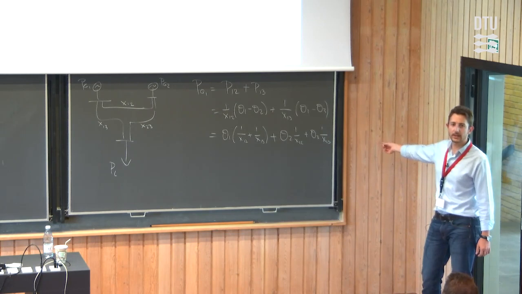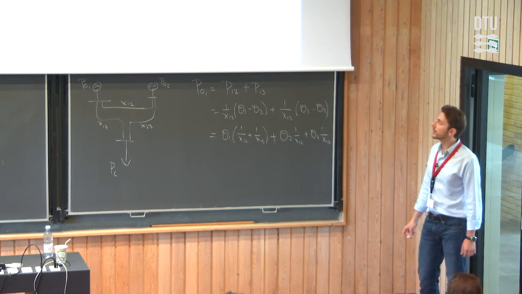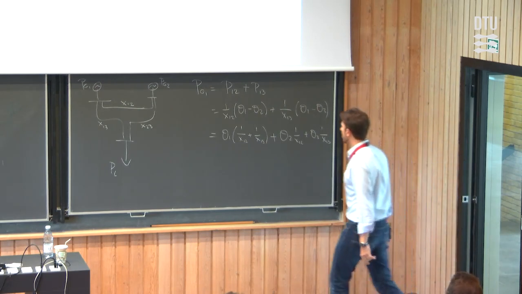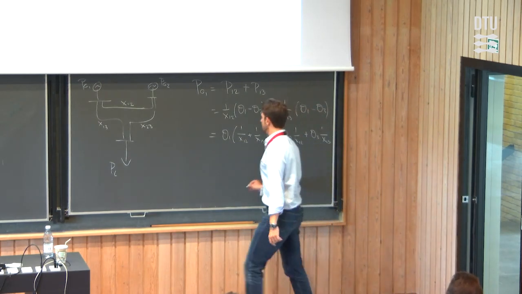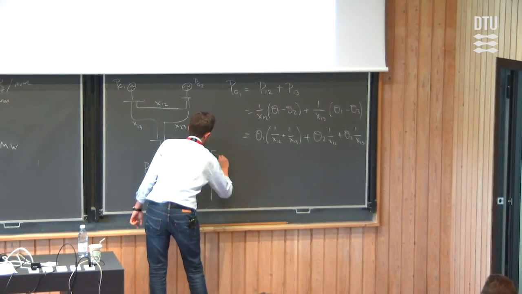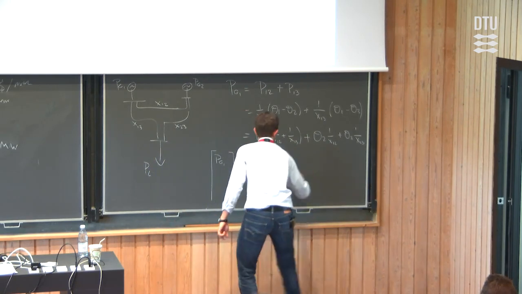That must be clear, right? But my question is now, how do I put that in a matrix form? Because what I have over there are matrices. So what I want to have here is actually, I will start with PG1, right? Equals to something.